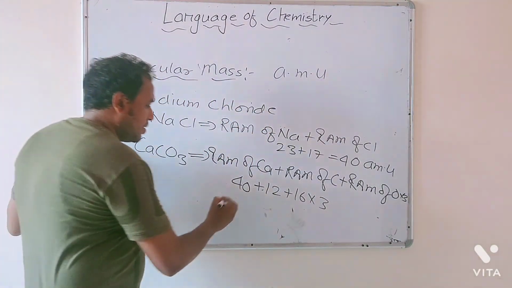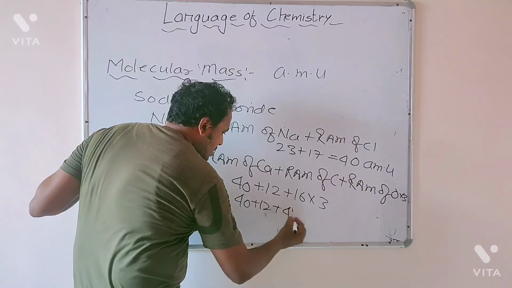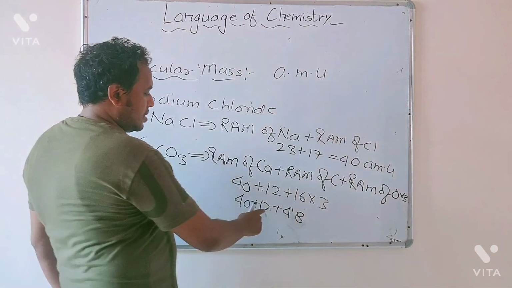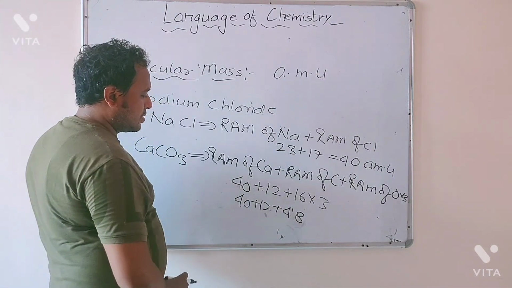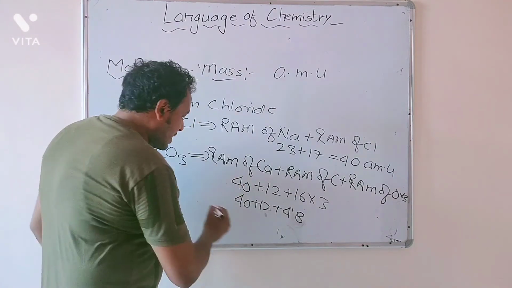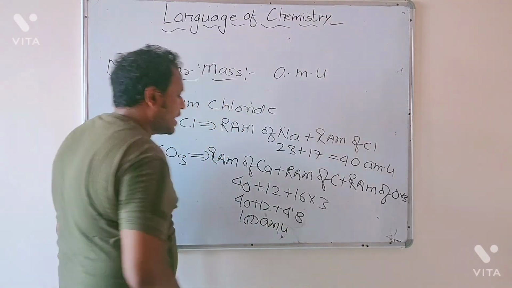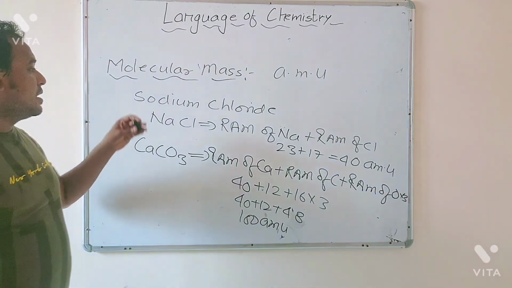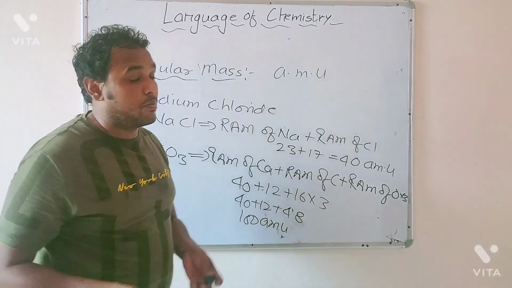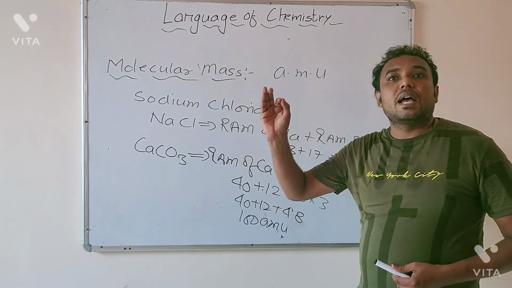Now we simply add: 40 plus 12, 16 into 3 is 48. 48 plus 12 is 60. 60 plus 40 is 100 AMU, atomic mass unit. This is the way we can take out the molecular mass of any compound, but you should note the relative atomic mass of those atoms.